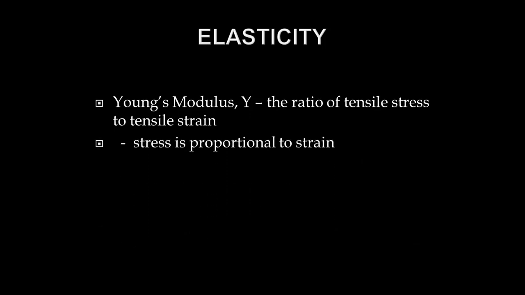It is proportional to your strain. If we express it in a formula, your Young's modulus Y is equal to stress over strain, which is F over the cross-sectional area, over the elongation over the original length.